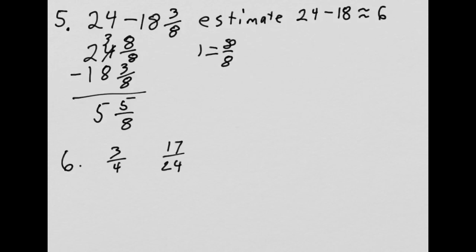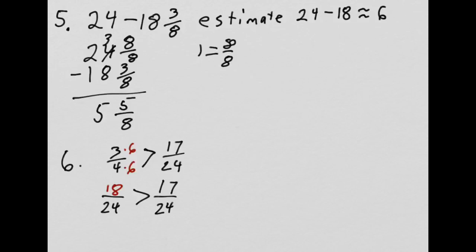So if I want to change that, 3/4 would be the same as, multiply by 6, as 18/24. Then it's easier to see that since 18 is larger than 17, 18/24 is greater than 17/24, and 3/4 is greater than 17/24.